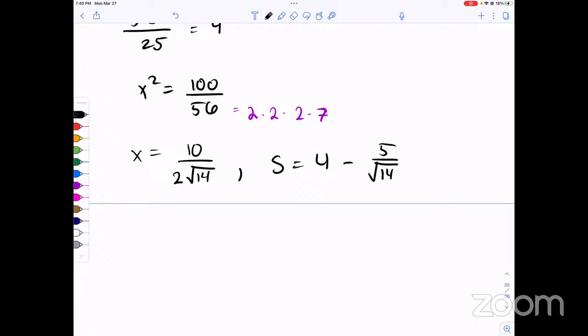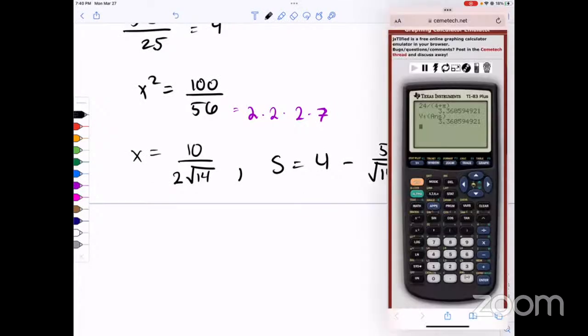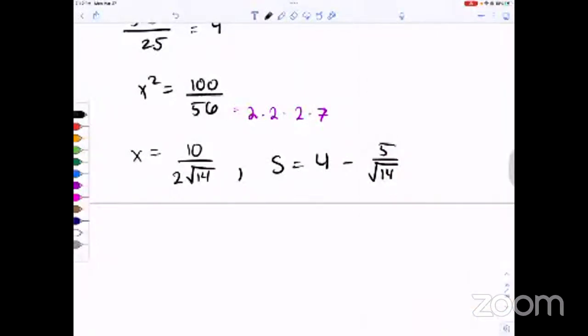Okay. And then I think we've got to use our calculator from there. Looks like it's 2.66. I think it's miles.